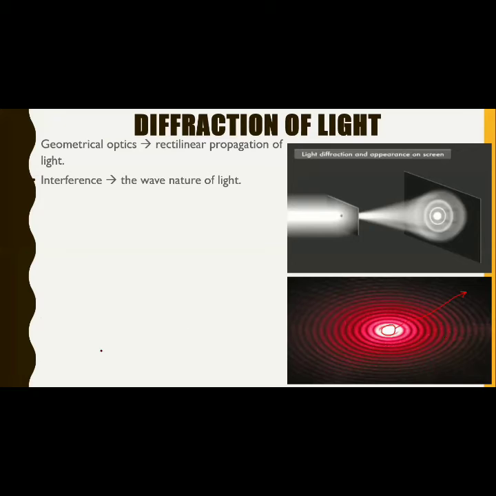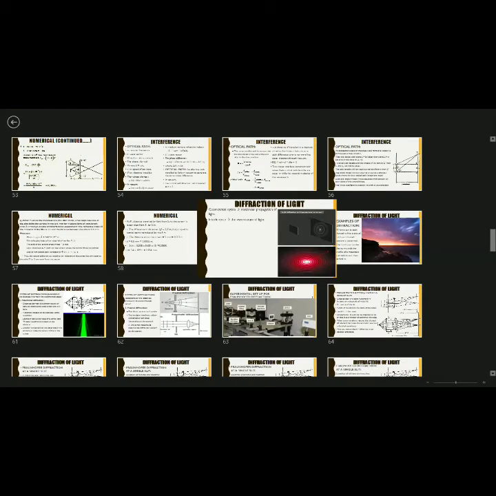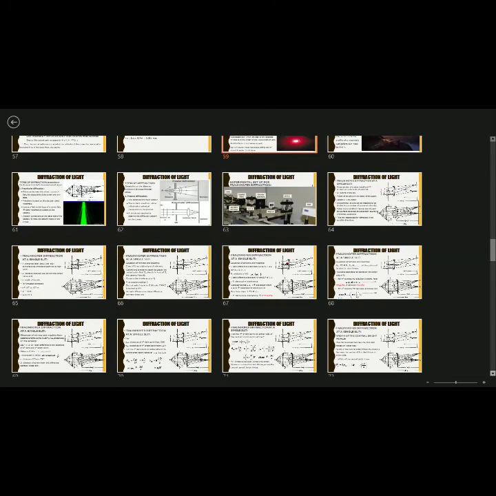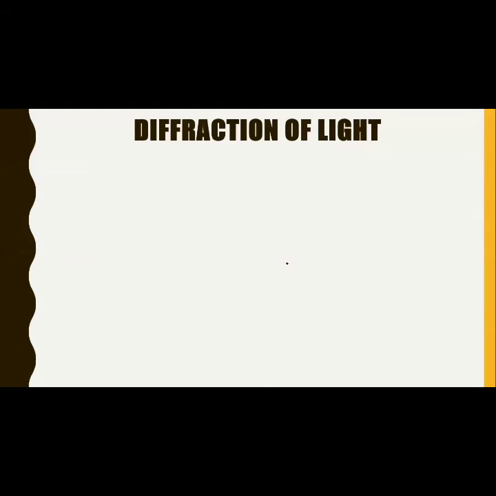So now we need to compare between diffraction and interference. That is the part we have in our next slide. To be precise, the comparison is not between the patterns themselves, but the way in which the pattern has been created.